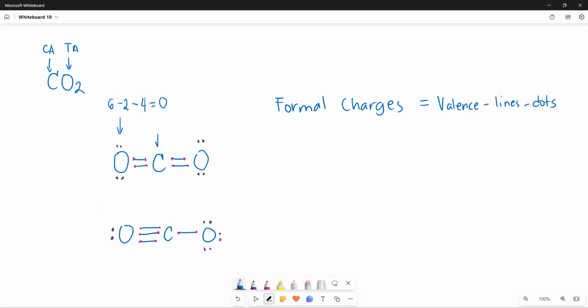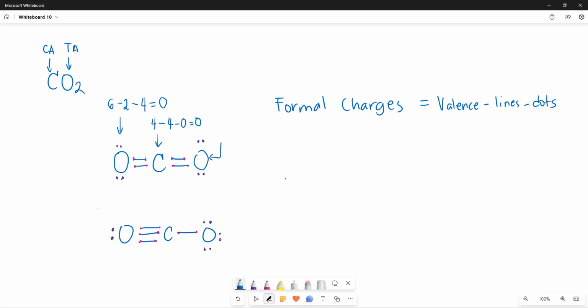Now, how about this carbon? Carbon is in group 4, so it's 4 minus the number of lines surrounding carbon. We have 1, 2, 3, 4. Minus, do you see any dots around carbon? The lone pair? No. So 4 minus 4, 0. How about this one?